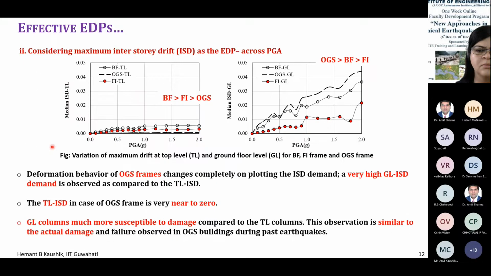So if we now compare across the PGA levels, the same ISD as the EDP, a very different picture emerges here. So again, you will get that across the PGA levels, you again have this bare frame demand more. If you consider the top story interstory drift, right?